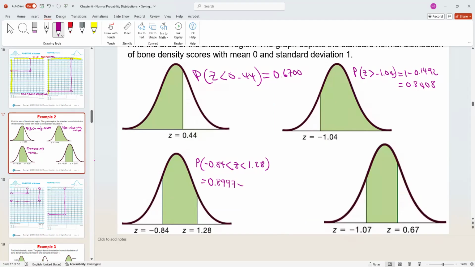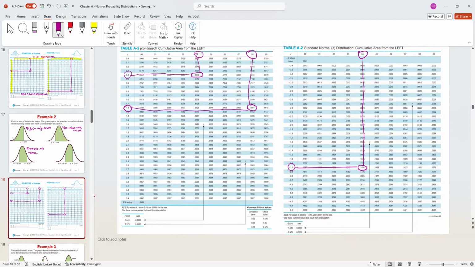Now look for the probability when z is negative 0.84. Negative 0.8. Make it 4. It's right there. Okay. You see it?